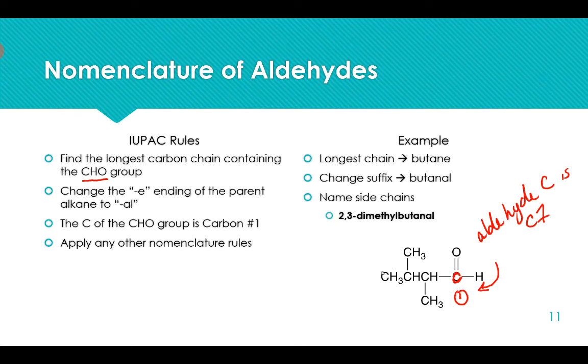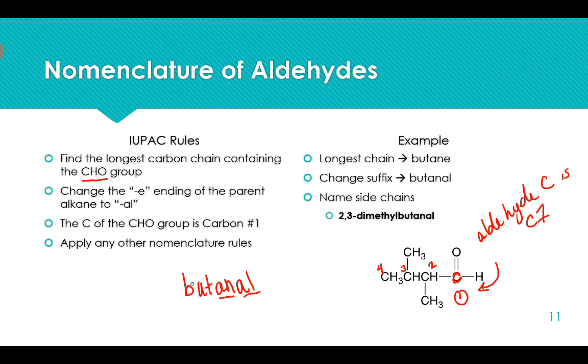Now we can move past that. This one must be number 2. That's a 3. That's a 4. And so there's 4 carbons in that chain, and so that is butane. The suffix for an aldehyde is not -ane, it's -al, butanal.